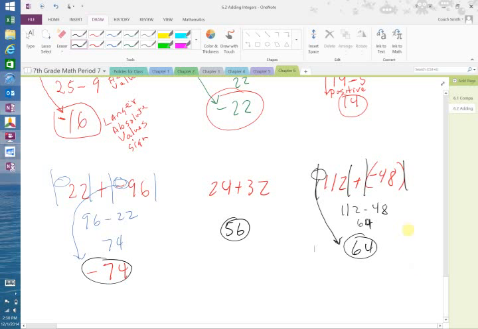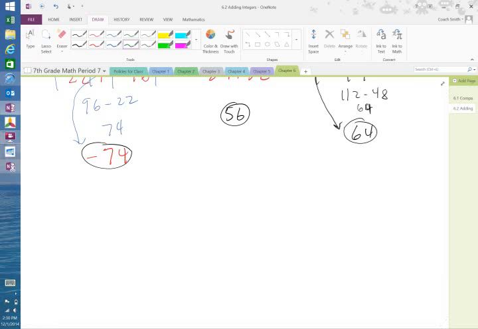Now, what happens if we have three numbers? Nothing. You still do the same thing. Let's say you had that right there. They'll usually put parentheses around it. Negative 7 plus positive 4 plus negative 3.